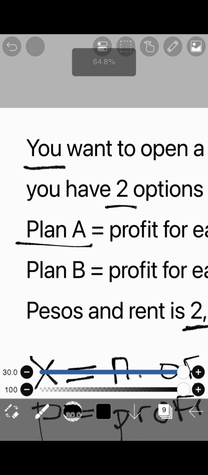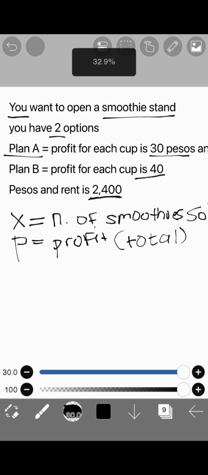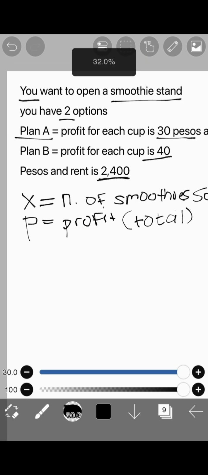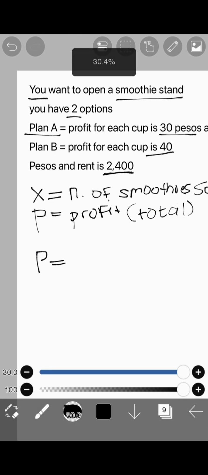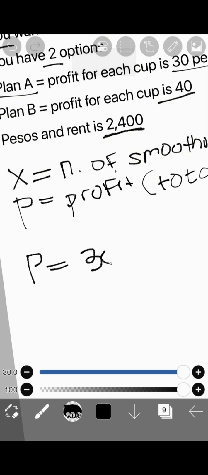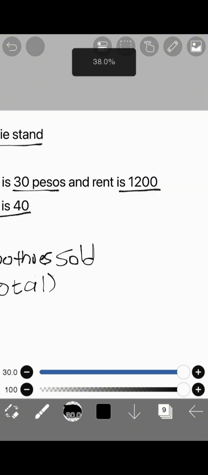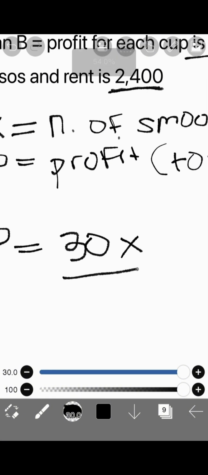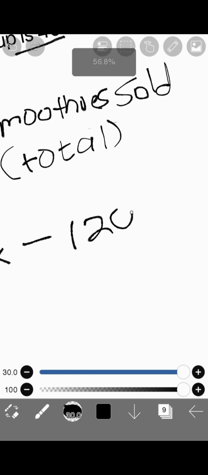So now from this plan A and plan B, let's figure out how to turn it into an equation. We say that X is the number of smoothies sold, where P is our profit in total. So we have P, our profit, and then X. So we say 30x, which is the first equation, since our rent is 1,200, how much our profit is in total minus how much we have to pay for rent.